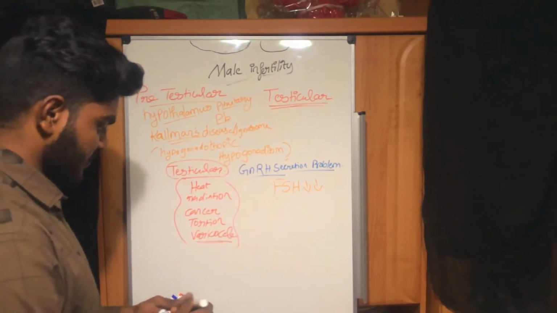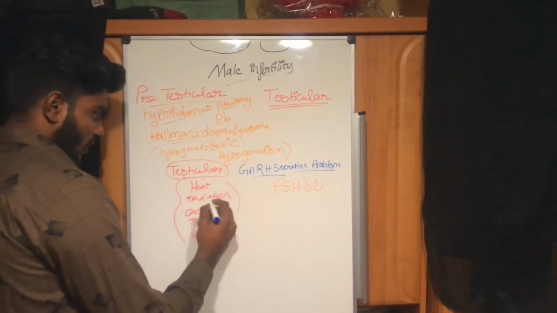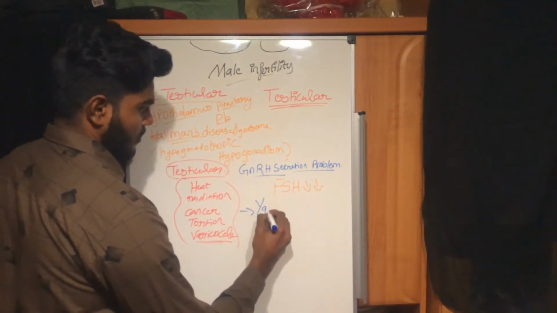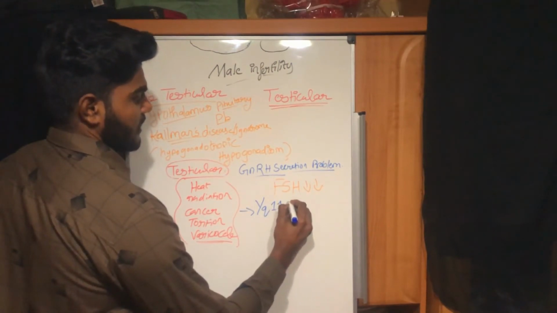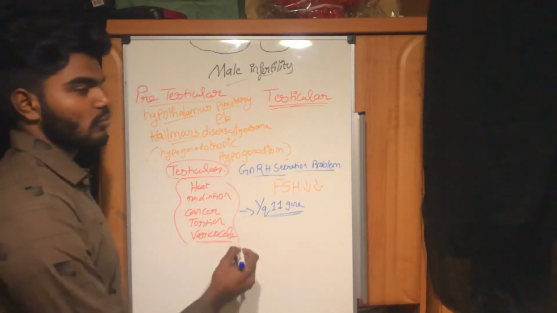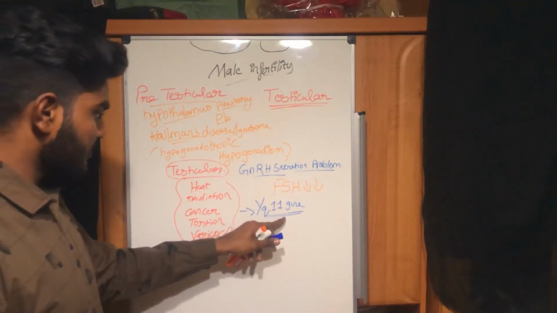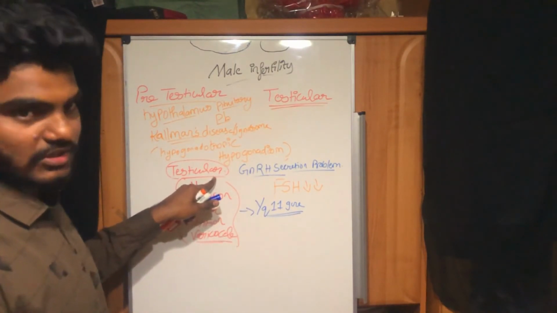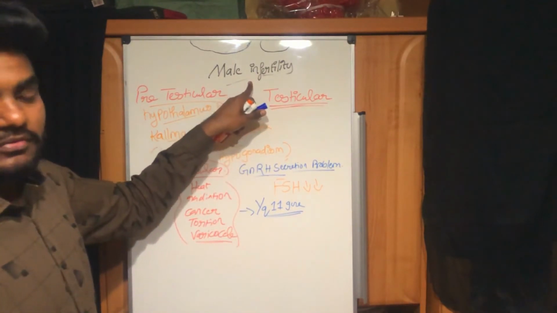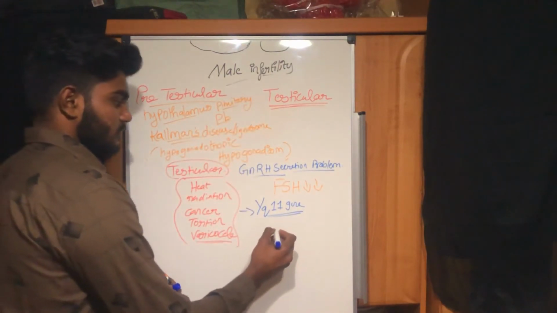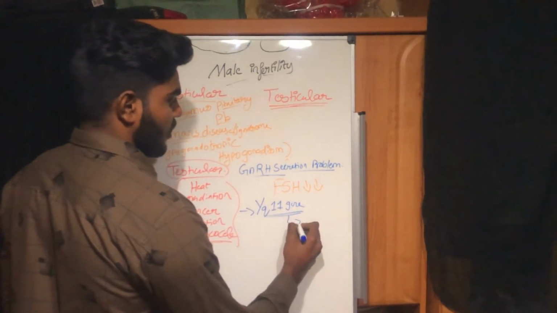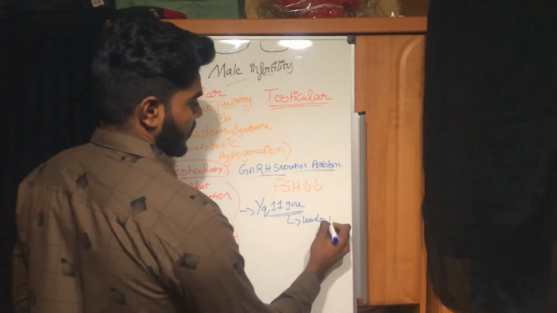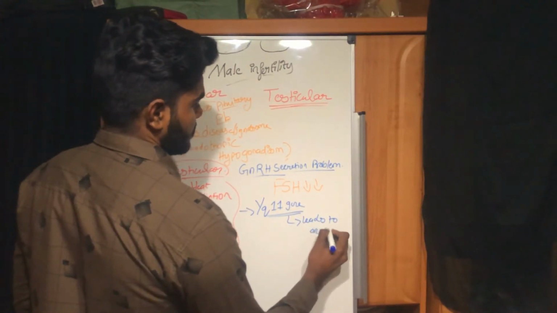Not only these conditions, you can see YQ11 gene mutation. YQ11 gene mutation causes problems in the testicular region that lead to infertility in the male. This gene also leads to anosmia.